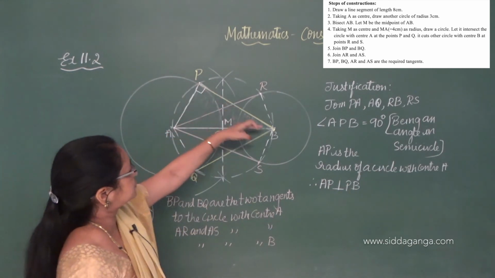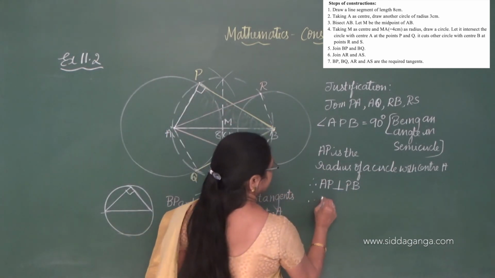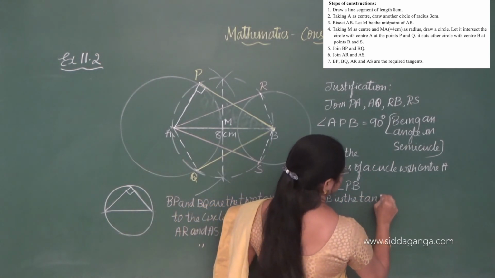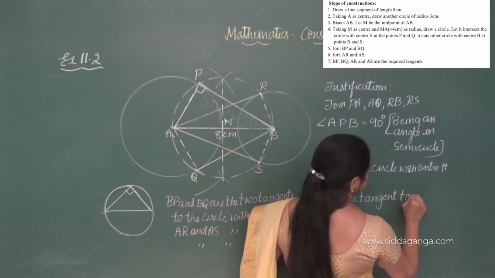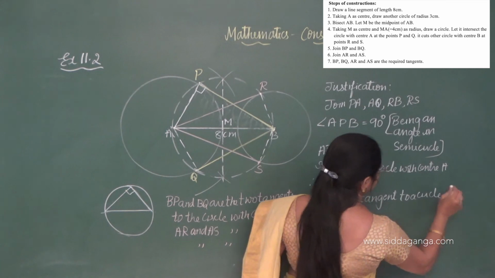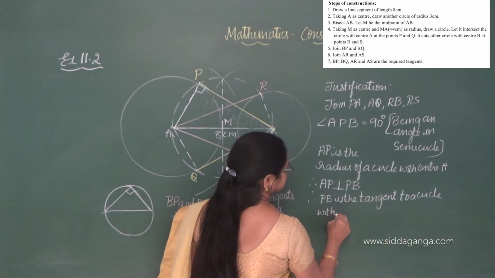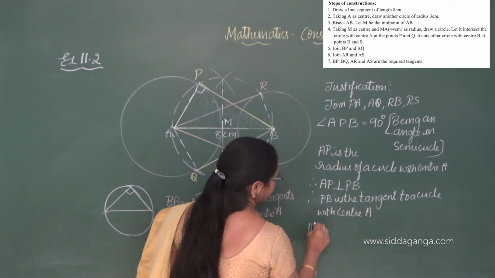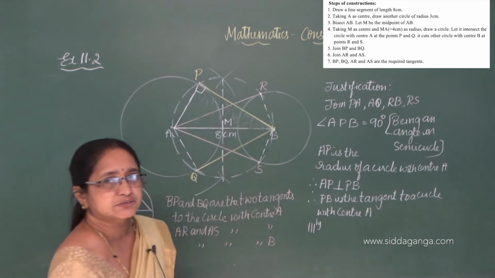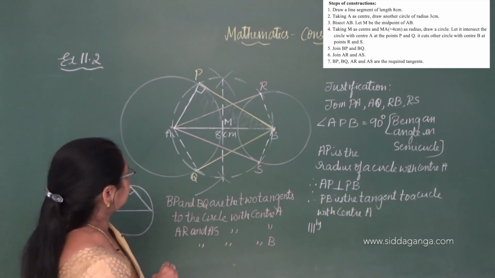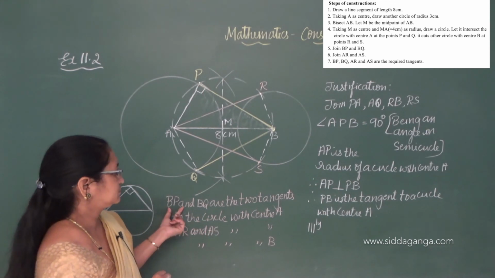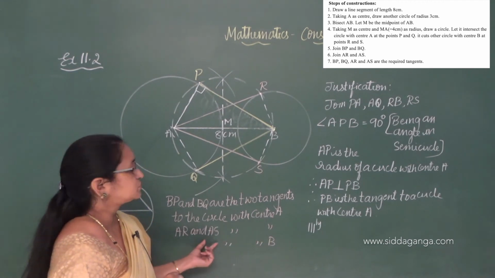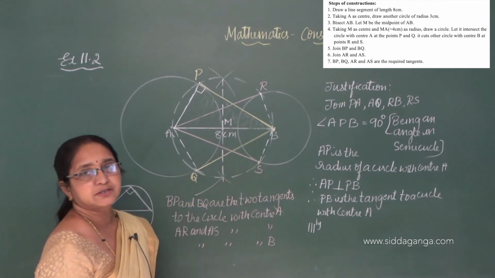Therefore, PB is the tangent to a circle with center A. Same way, similarly you can write it. If you write this, it is enough. Similarly, PB or BQ, and AR and AS are the two tangents to a circle with center B, like that.